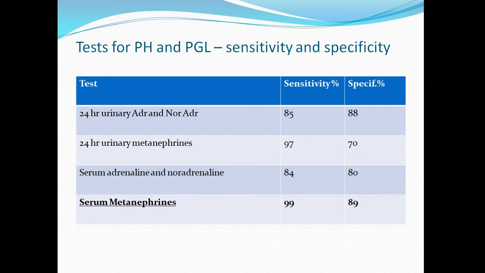So 24-hour urinary metanephrines could be used as a screening test in most of the trusts in the UK instead of the serum metanephrines, which tend to be a bit costly. But if any question on sensitivity or specificity is asked, the most specific and the most sensitive will obviously be serum metanephrines. The 24-hour urinary metanephrines is also a highly sensitive test, but the least specific.